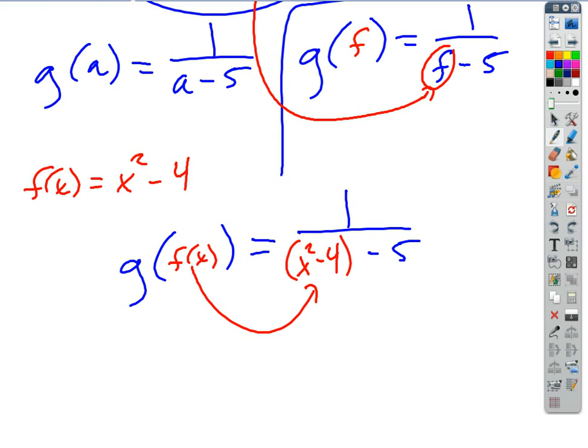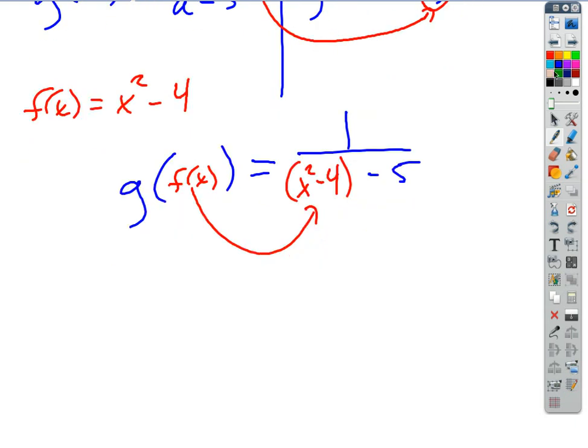Do I need those parentheses on there, really? I put them in there so we can see that that's f of x, but I don't really need them. x squared minus 9, yeah. Negative 4 minus 5 is just negative 9, right? So my final answer then just looks like 1 over x squared minus 9. Okay, that's all I'm doing.